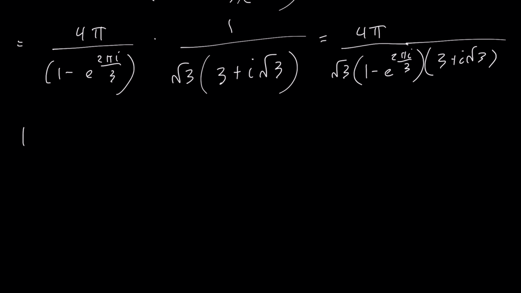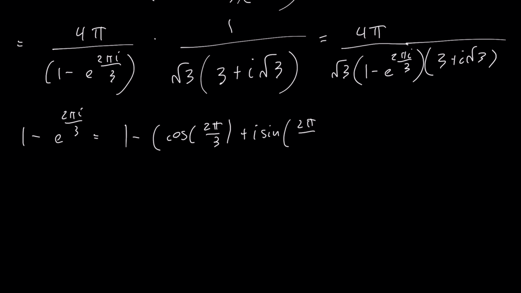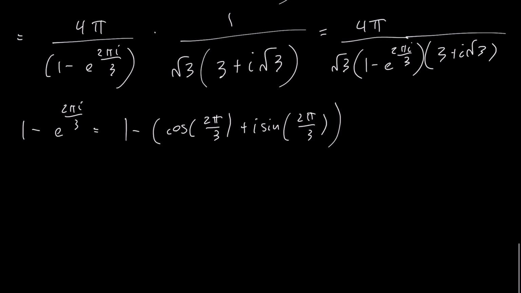So this 1 minus e to the 2 pi i over 3 factor is the same thing as 1 minus the cosine of 2 pi over 3 plus i times the sine of 2 pi over 3 using Euler's formula.